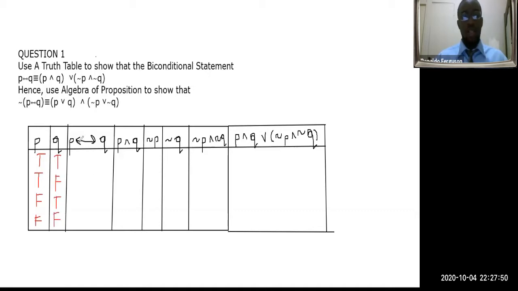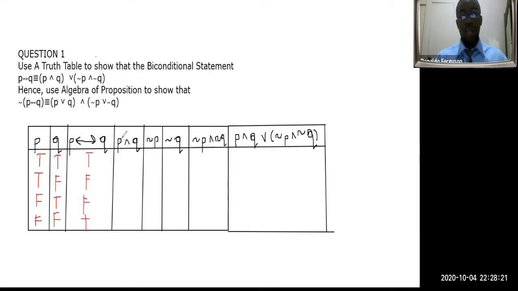Then what we need is the biconditional statement P if and only if Q. Remember, when both of them are true, it is true. When both of them are false, then it is also true. And so right here is true, and right here is true. Then the next two are false.